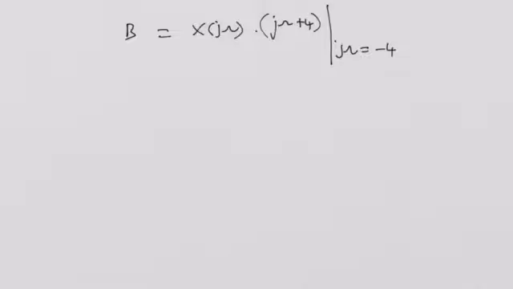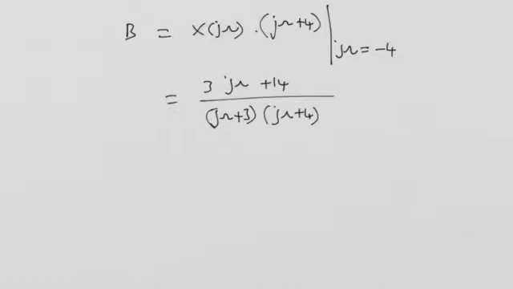If I start doing it, I get 3 times (jω plus 14), the whole divided by (jω plus 3), which is one of the factors, the other factor being (jω plus 4). To find the value of B, I need to multiply by the factor available in the denominator of B in the partial fraction technique, cancel out the common terms, and replace wherever jω is available by minus 4.